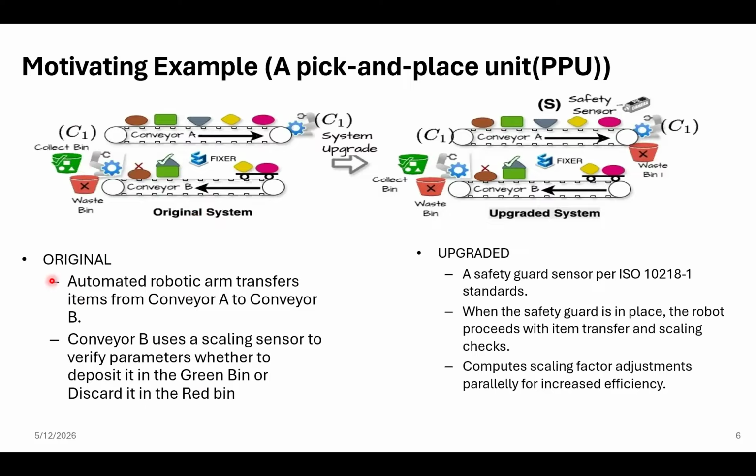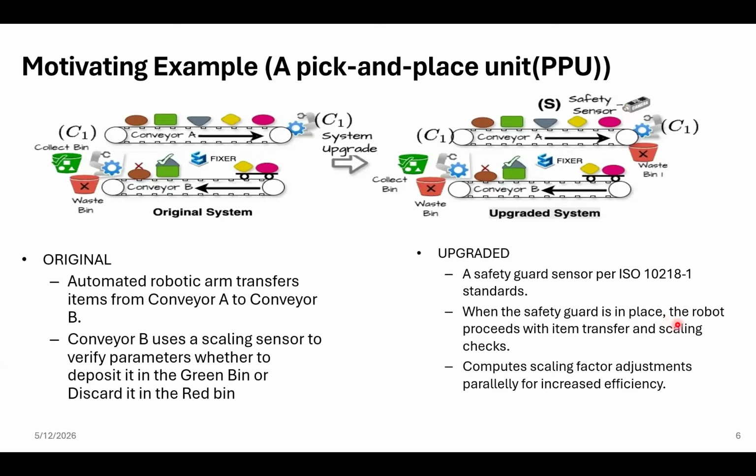In the original version, the automated robotic arm transfers items from conveyor belt A to conveyor belt B. On conveyor belt B, a custom scaling sensor verifies the parameter, deciding whether the item is deposited to the green bin or discarded to the waste bin. In the upgraded version, a safety guard sensor is added over here.